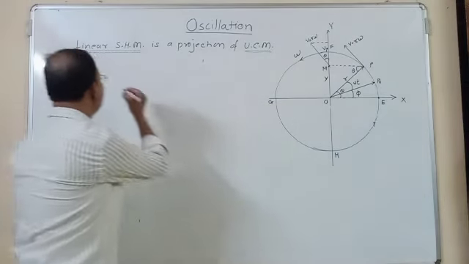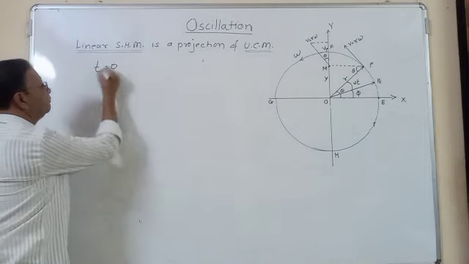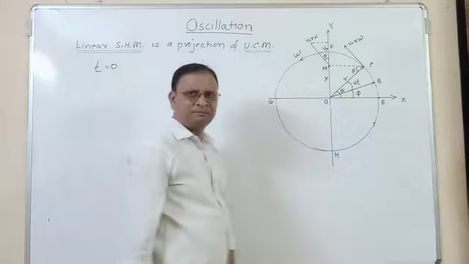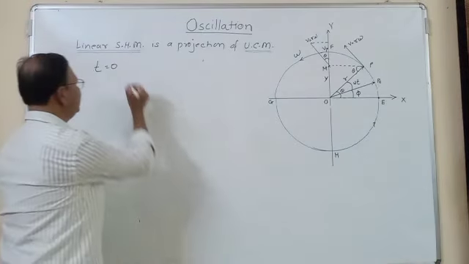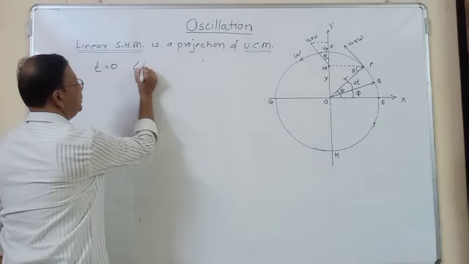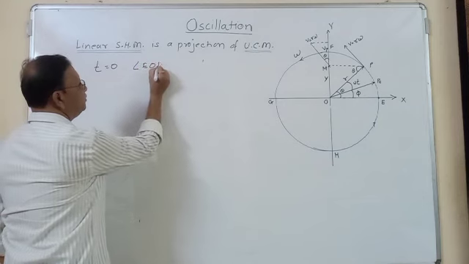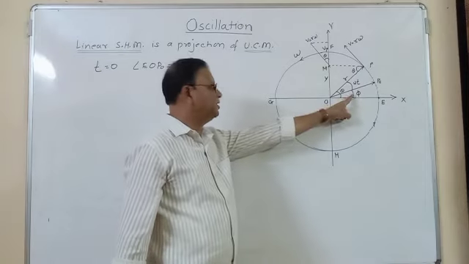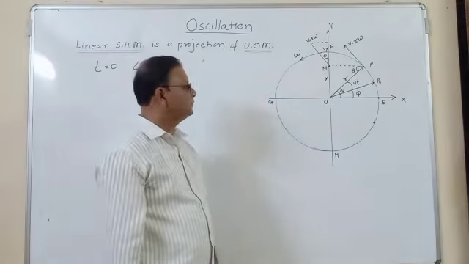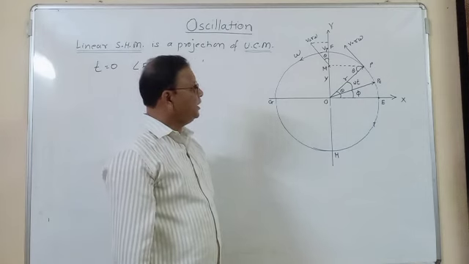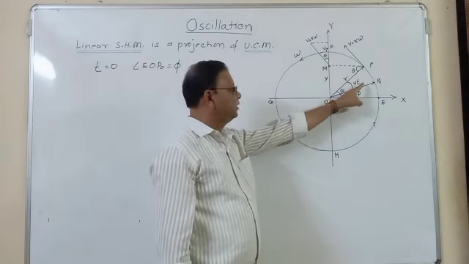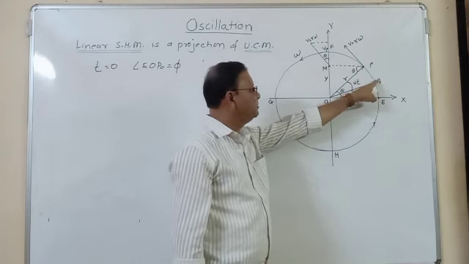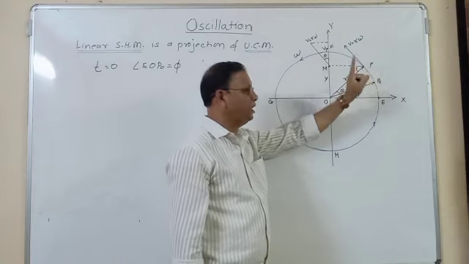Suppose at time t equal to 0, the particle is at P0, and that's why the initial angle EOP0 is equal to phi, which is shown here. This is the initial angle. Suppose in time t, the particle moves from P0 to P, that means around this circumference from P0 to P in time t.